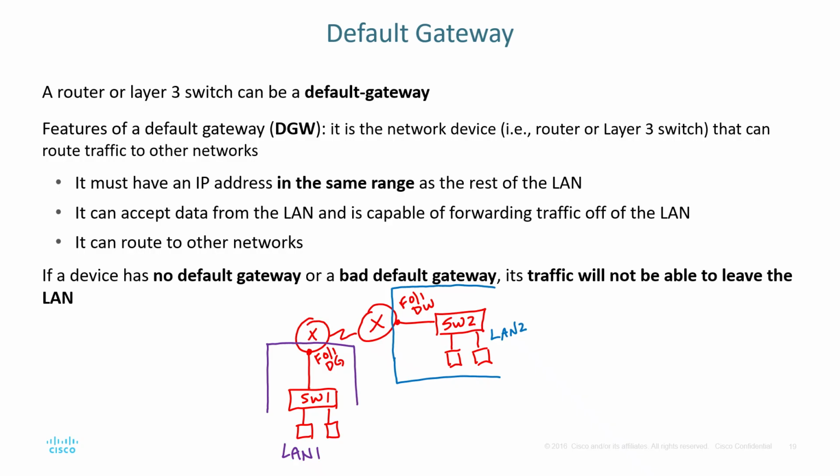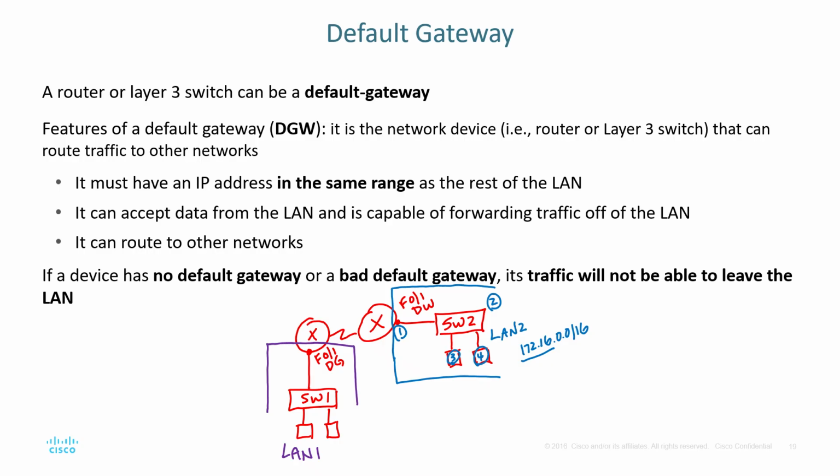If LAN 2 has an IP address, then all four of these are going to have an IP address that starts with 172.16, including your default gateway.